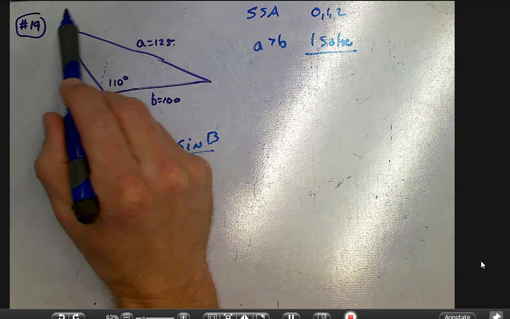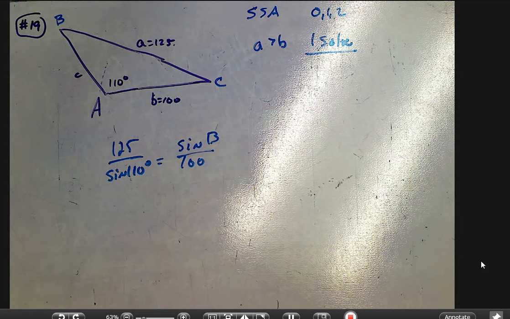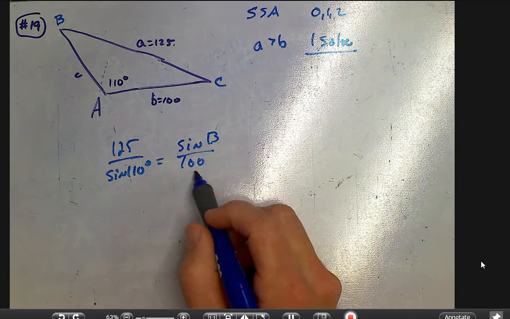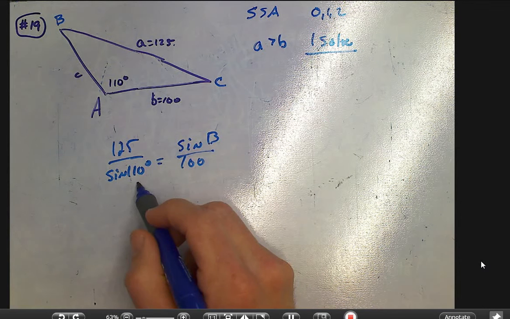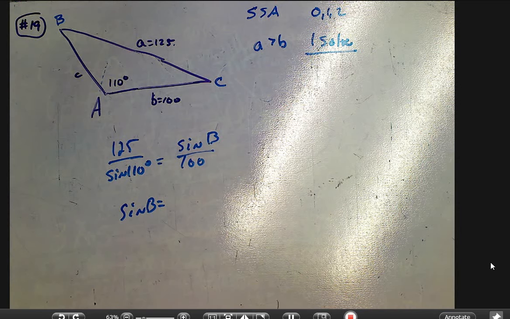I believe this one is angle B and angle C is going to be down here. So do the math. 125 times 100, enter, divide by sine of 110, enter, and you get the sine of B equal to 0.7518.